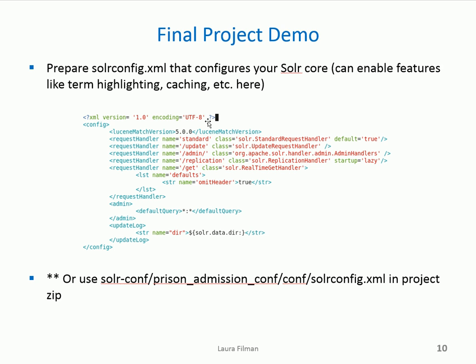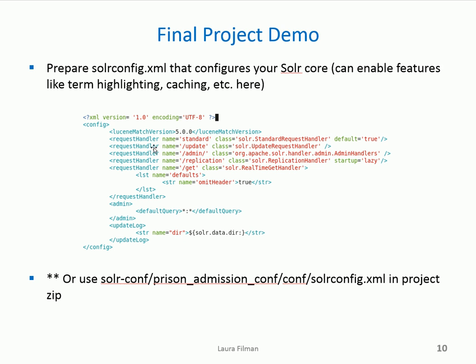Okay. And we also have to set up a Solr config. I'm not too sure exactly what this does, except I understand it configures your Solr core, and it passes some actions onto request handlers.